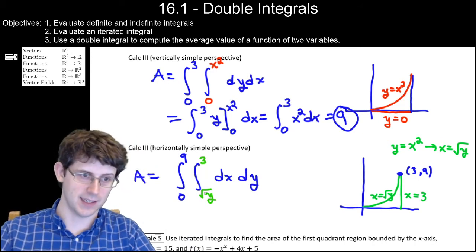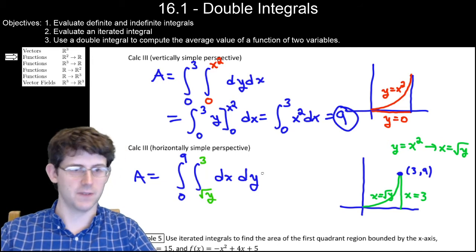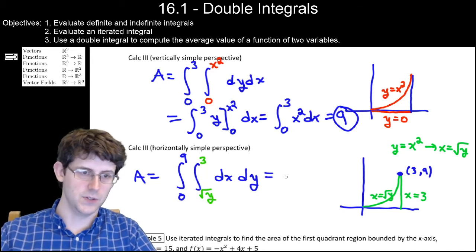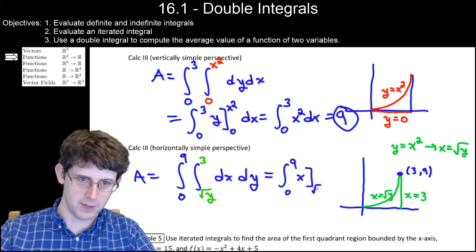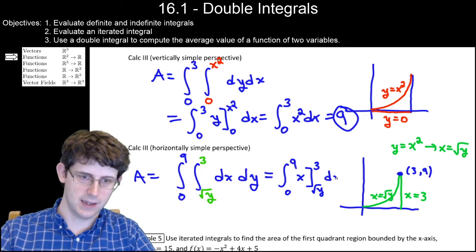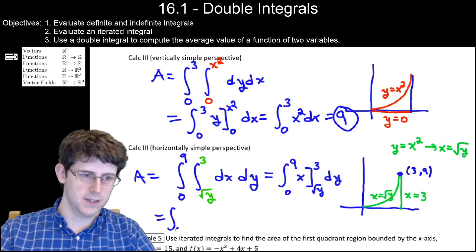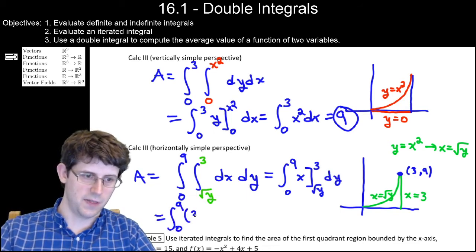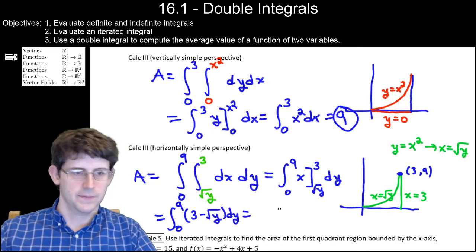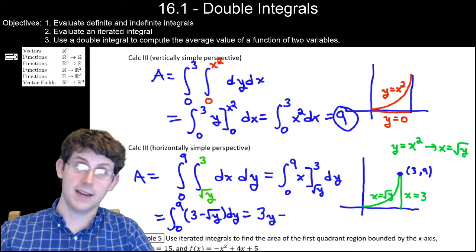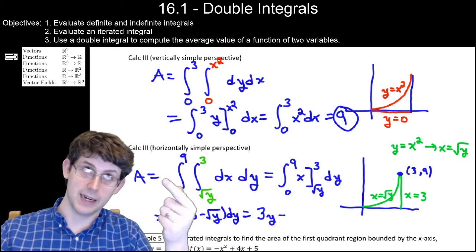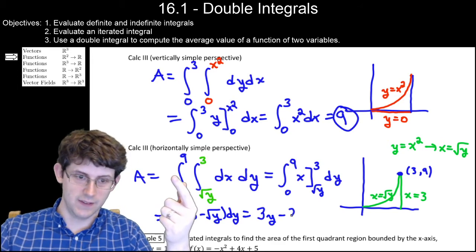So we're really trying to focus in on how to get the info into the bounds. If you do this integral, you'll get x from root y to 3. So you get the integral from 0 to 9 of 3 minus square root of y dy, which is 3y minus, okay, I have the 1/2 power, so I'll make the power 1 bigger, that's 3/2, and divide by the new power.